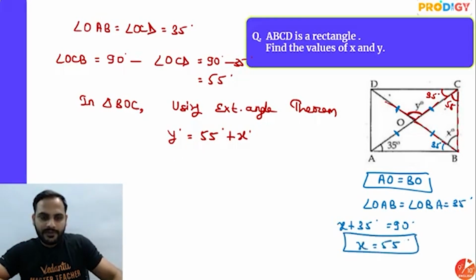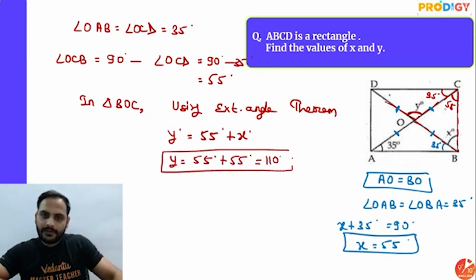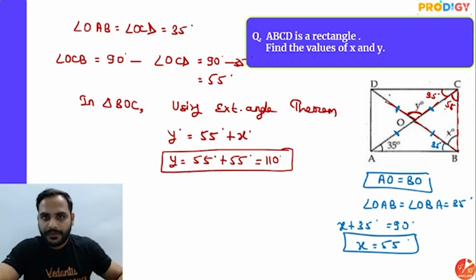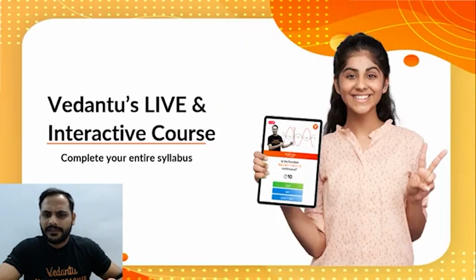Put x equal to 55 degrees over here, you'll be getting y is equal to 55 plus 55, which is 110 degrees. All right, y is 110 degrees, x is equal to 55 degrees. Clear son? Simple, you have to play with angles, nothing else. Just have to play about angles.